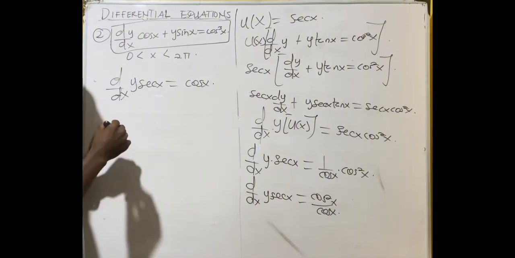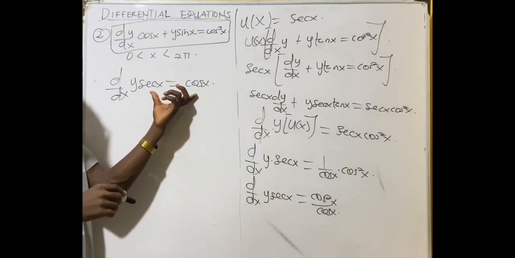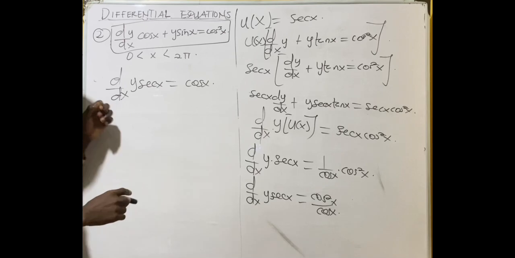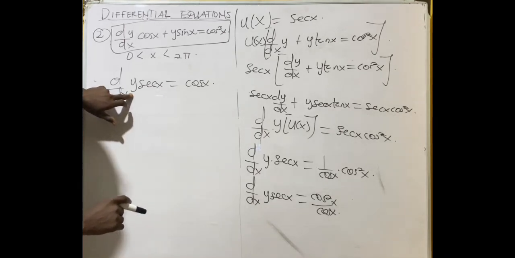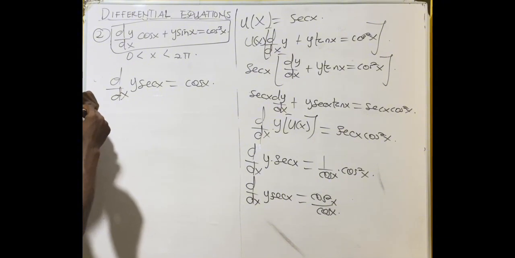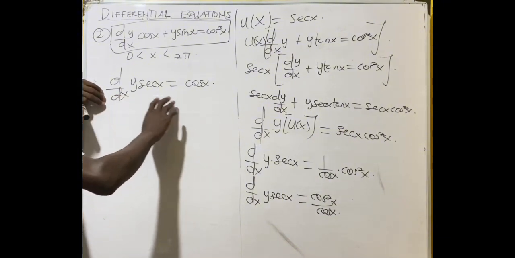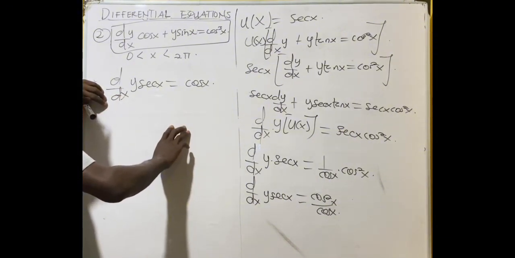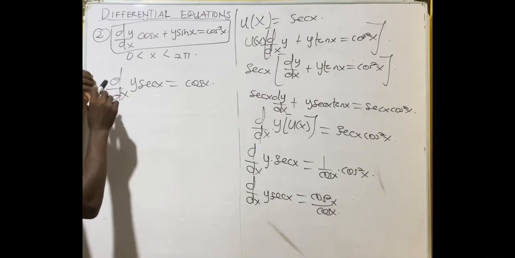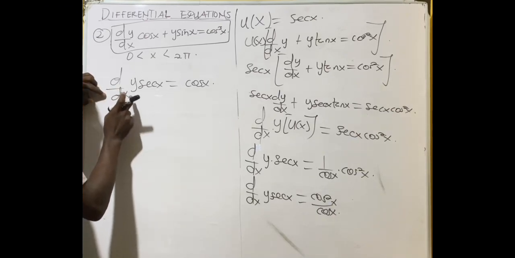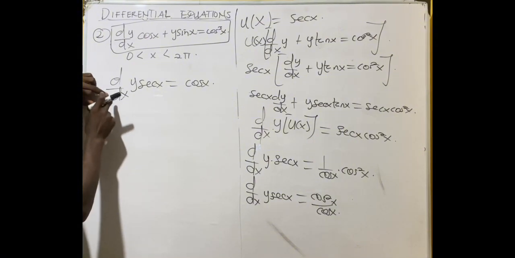So this is what we have at the moment. So we need y. Okay, so now that we have been able to separate it completely, then we can integrate both sides, right? But before we can integrate both sides, we have to make sure that the x is off, right?